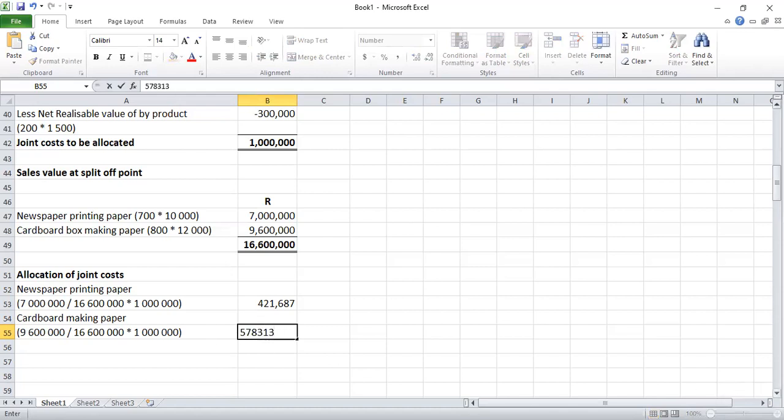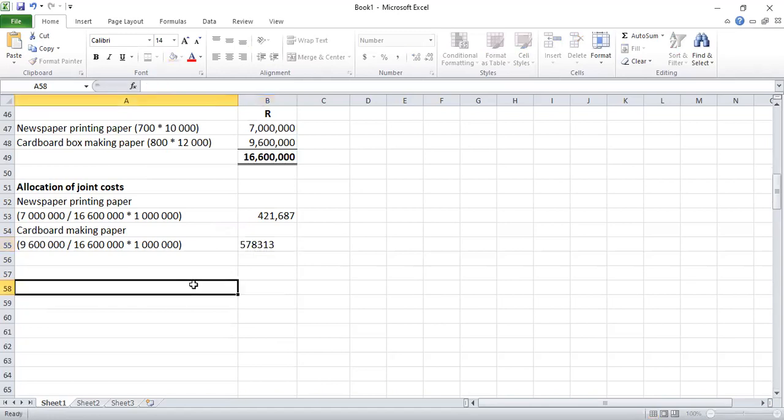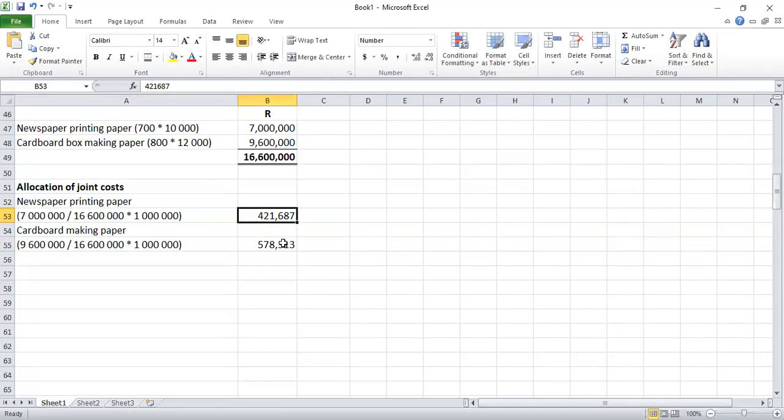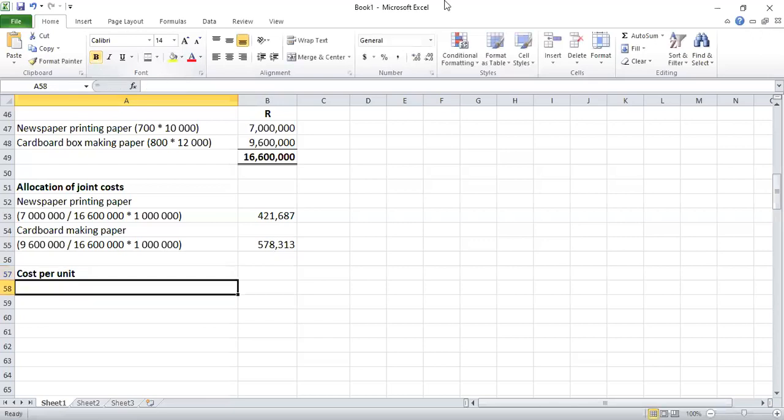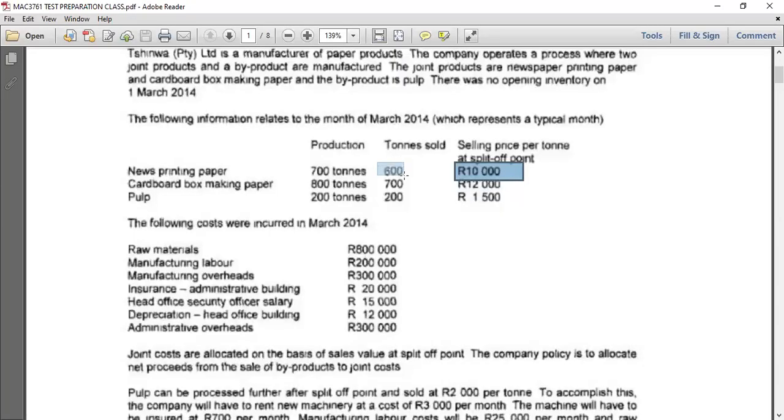Right. Then we now know that for newspaper printing paper, their cost is this, and for cardboard making paper, their cost is this. Then we can determine our cost per unit. We know the produced tons: for newspaper printing paper they are 600, and for cardboard they are 700 and 800. So we then divide by the number of tons.